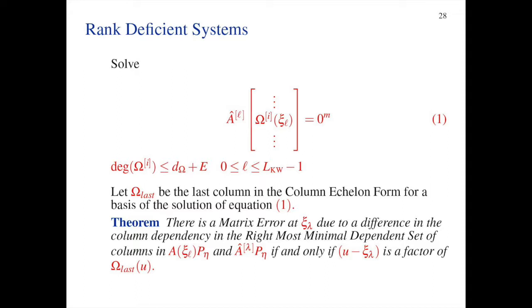And what you've done is you've computed the column echelon form. Because you have a null space, and the problem is I cannot pick out the ones that have the error locator polynomial, like I would usually do, right?